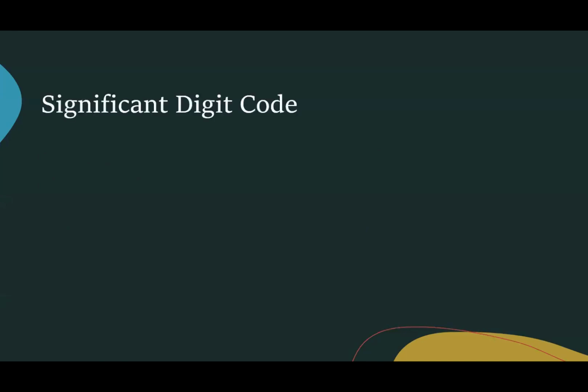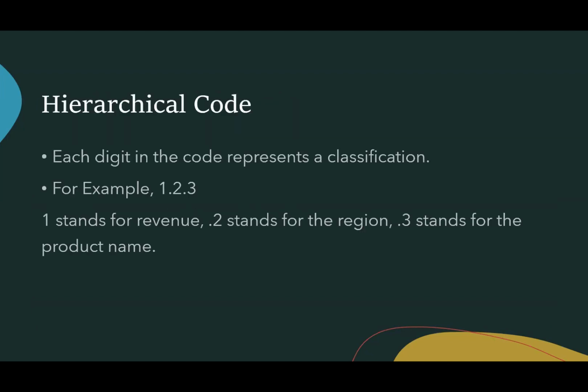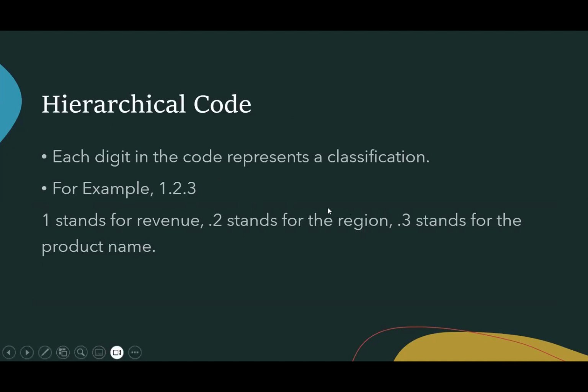So if I say 1.2.3, I actually mean it's the revenue of a specific region of a specific product.